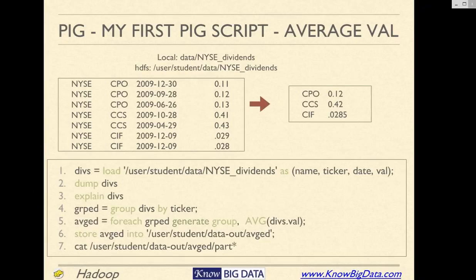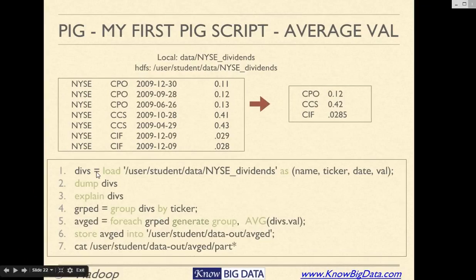The second is the ticker. The third is the date, followed by the value. The problem that we are trying to solve today is to find the average of the values for every ticker. For CPO, we want to find the average. For CCS, we want to find the average. For CIF, we want to find the average, and so on. So this is what we want to achieve today, and let's start writing the Pig script.